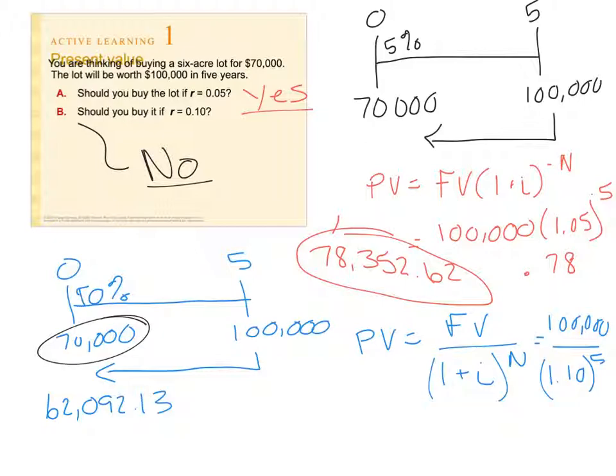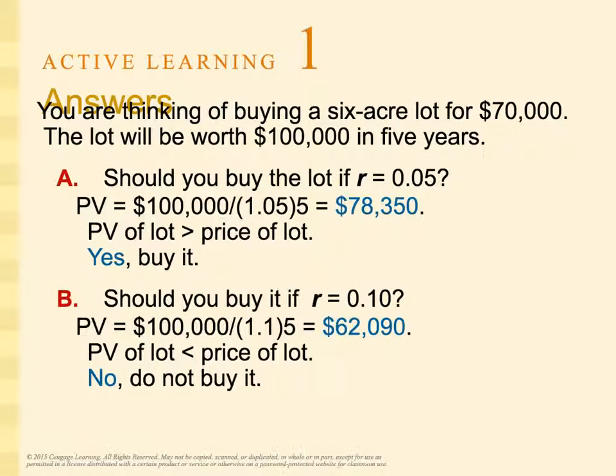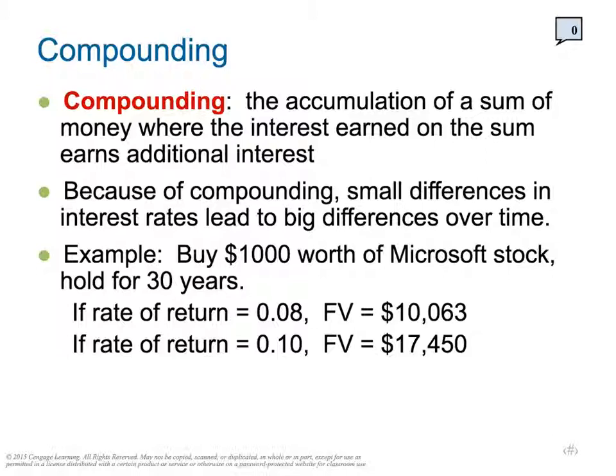Let's go ahead and double check our answers. And yes, we would buy it in A, and no, we would not buy it in B. So that's exactly what we had come up with. That's good. So this really just shows us compounding. And compounding is a little bit different. Normally we compound either quarterly, sometimes daily, and this is where we talk about the idea of an annual percentage rate, which is not really annual at all.